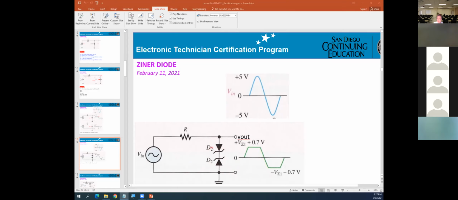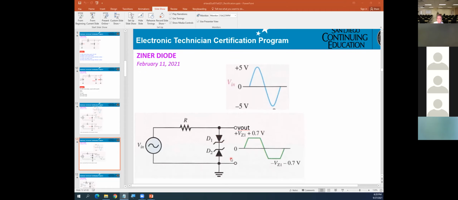If you don't have this zener, using the first one, then you will get breakdown. However, now you're adding another zener here. So when you get a positive, you turn this guy on. So that's why you can get 0.7. And the other part, the negative, does the same thing. Okay, just for you guys to look into it.